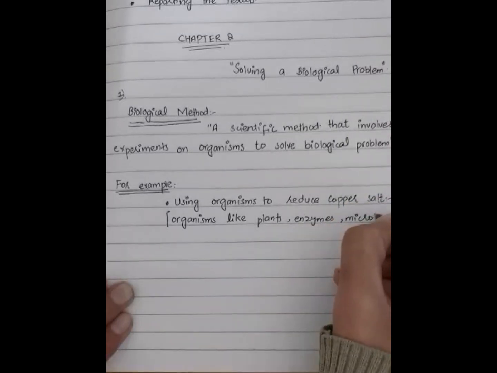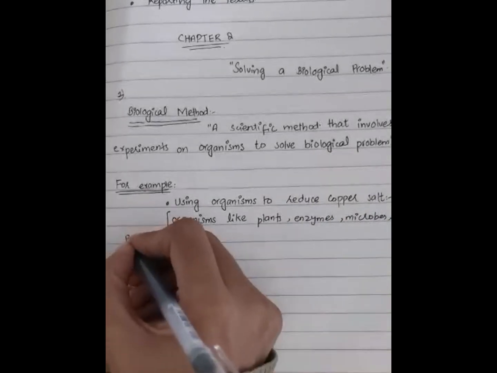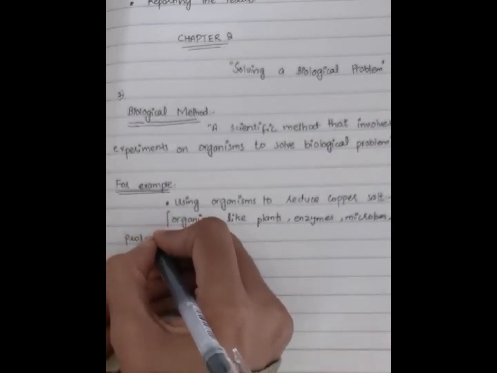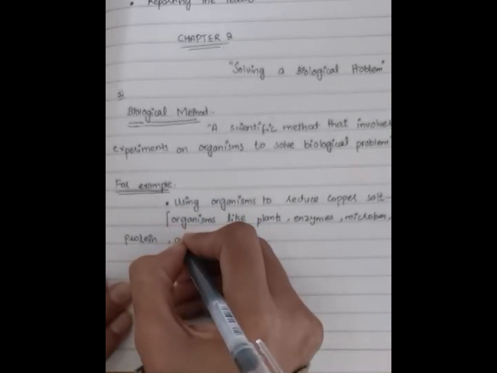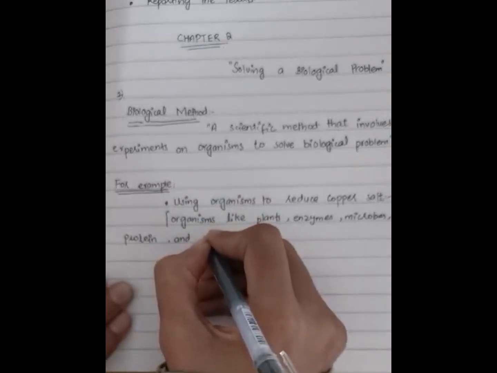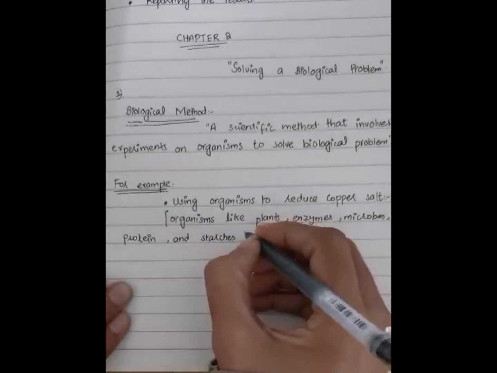Again, the example: using organisms to reduce copper salt. Organisms like plants, enzymes, microbes, proteins and starch can reduce copper salt and stabilize copper. This is an example of the biological method.